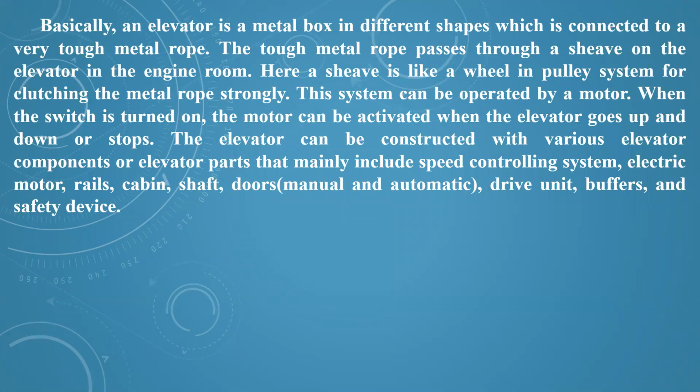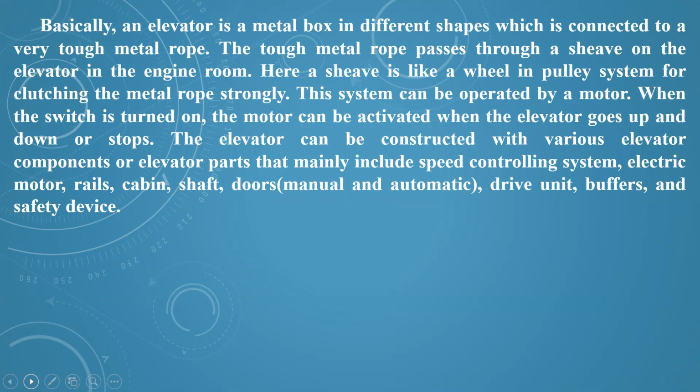The elevator we are using here is a metal box which has some different shapes, and it is connected to a rope which passes through the sheave in an engine room. Here the sheave is similar to the wheel in the pulley system which we have seen before. This system is operated by a motor.